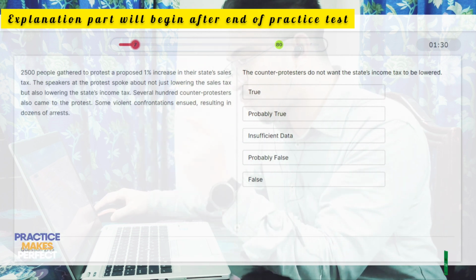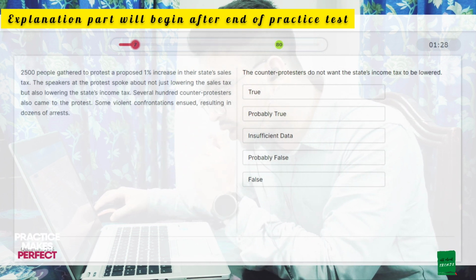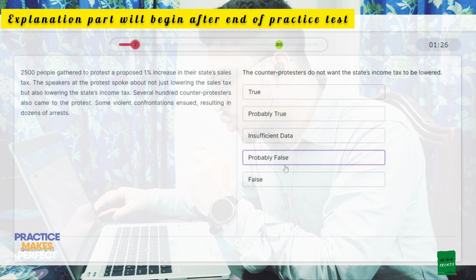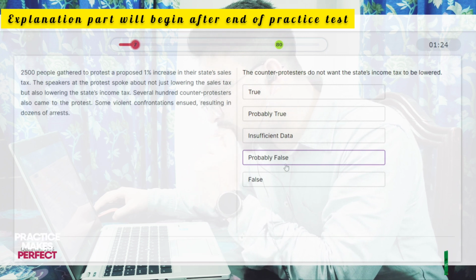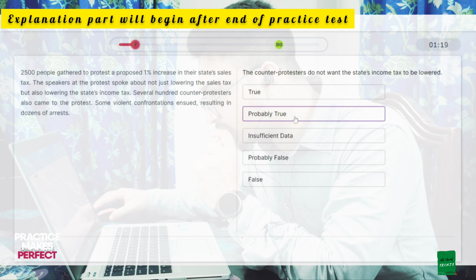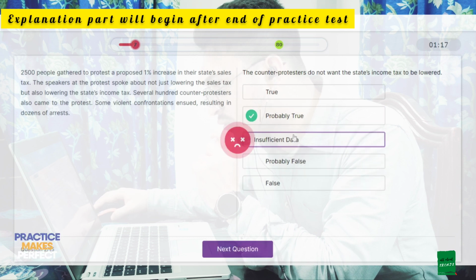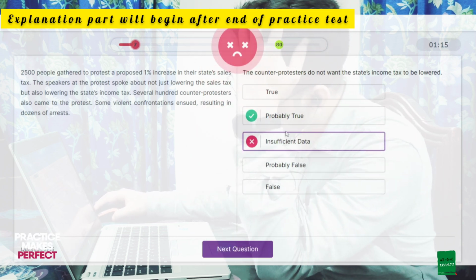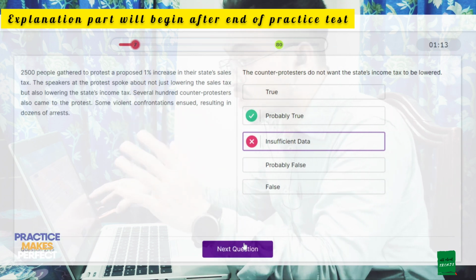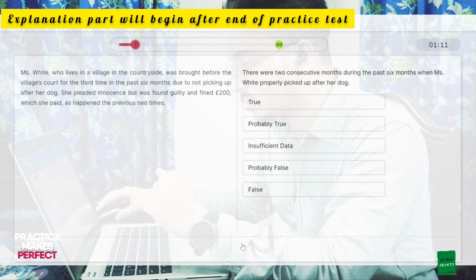Talking about this question in particular, it says 700 counter protesters also came to the protest. So that might be the one. Insufficient data, as we don't know. Oh my god, that is probably true. So there is a mistake that I have made. I'm going to come to the explanation later.